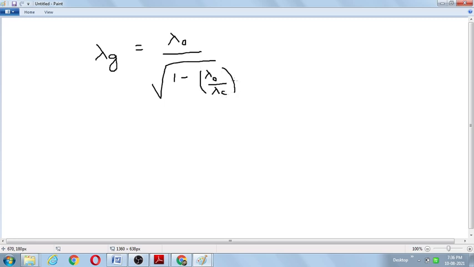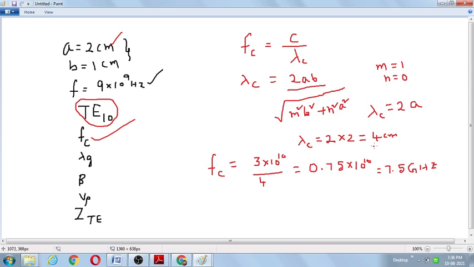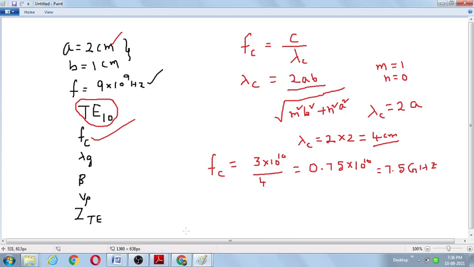So to find the guide wavelength, we have to calculate lambda naught. Already lambda c is calculated, lambda c is equal to 4 centimeters.